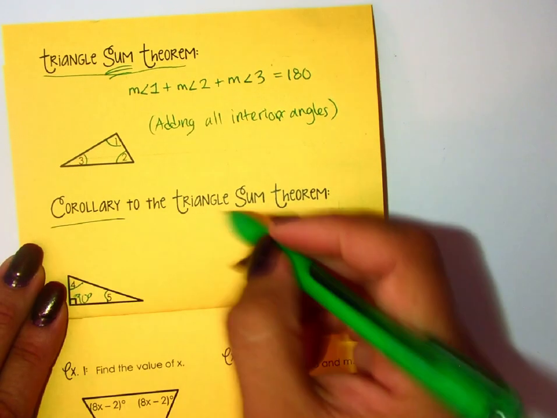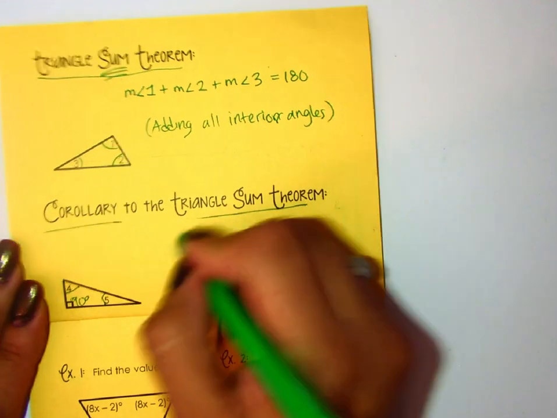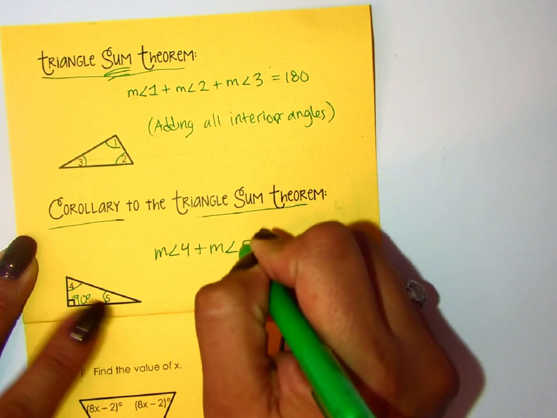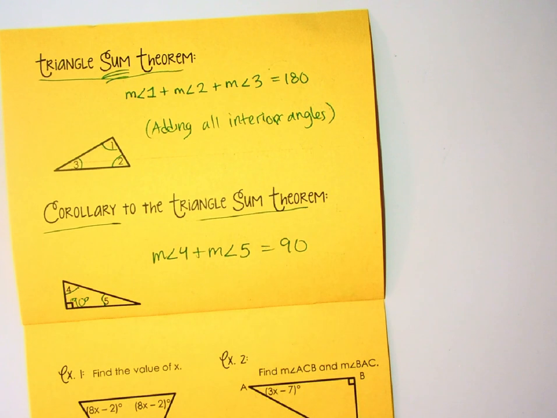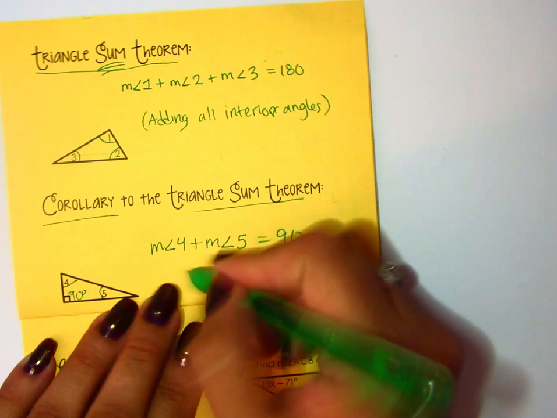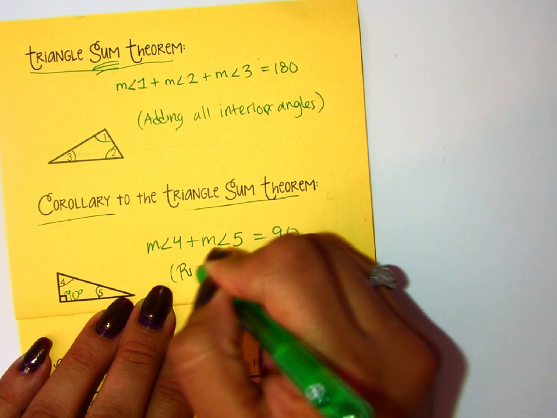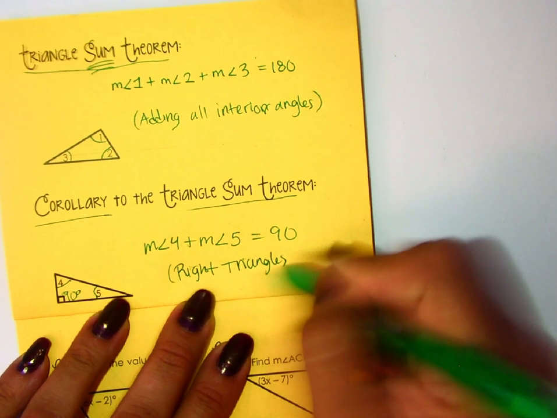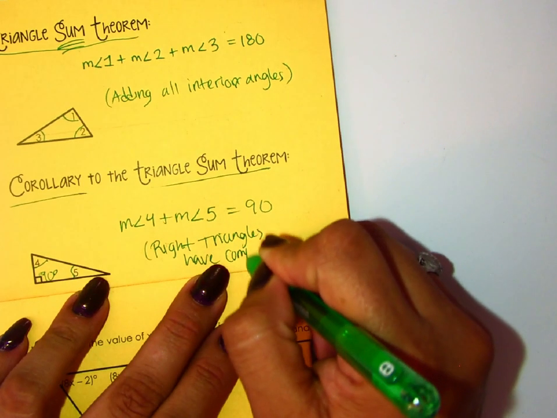So the corollary of the triangle sum theorem builds on that, where it says that the measure of angle 4 plus the measure of angle 5 has to equal 90 on right triangles. So just keep in mind that they're complementary. So right triangles have complementary acute angles.